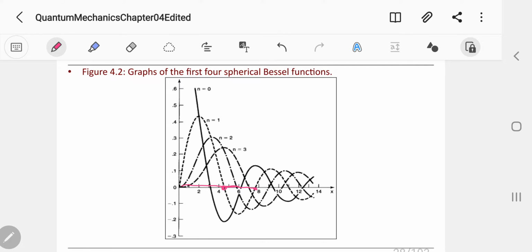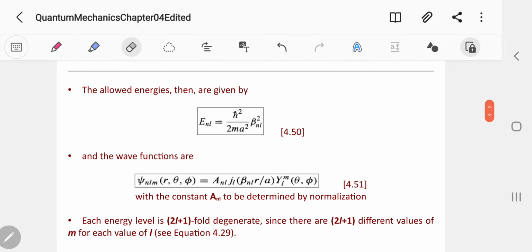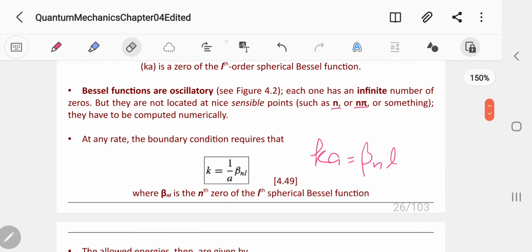That's why you don't have a constant period, so that you can just set ka equal to some beta and L. And the beta and L here is the nth zero of the Lth spherical Bessel function.